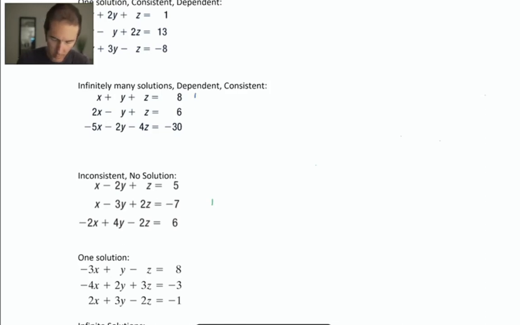Let's number our equations, 1 and 2 and 3. Let's pick a variable to eliminate. How about our y variable this time? Okay, I was looking to see if there was a quick and obvious way that we could maybe narrow this down to discover that we have infinitely many solutions.